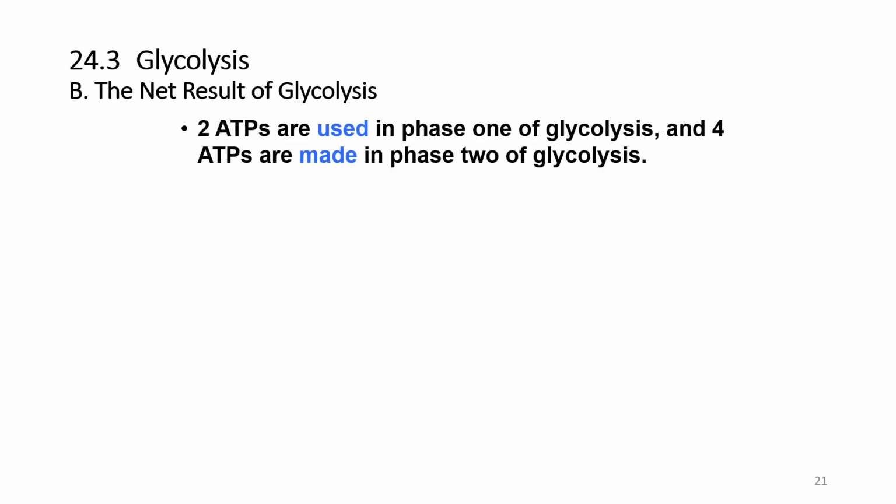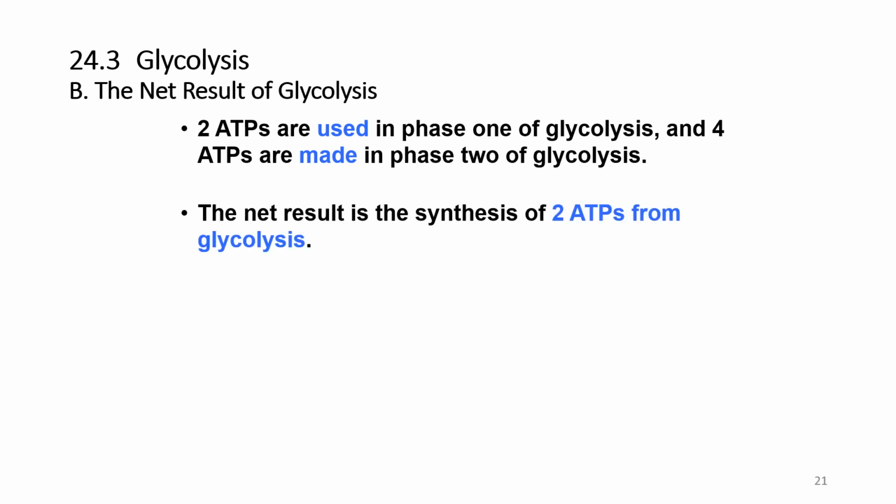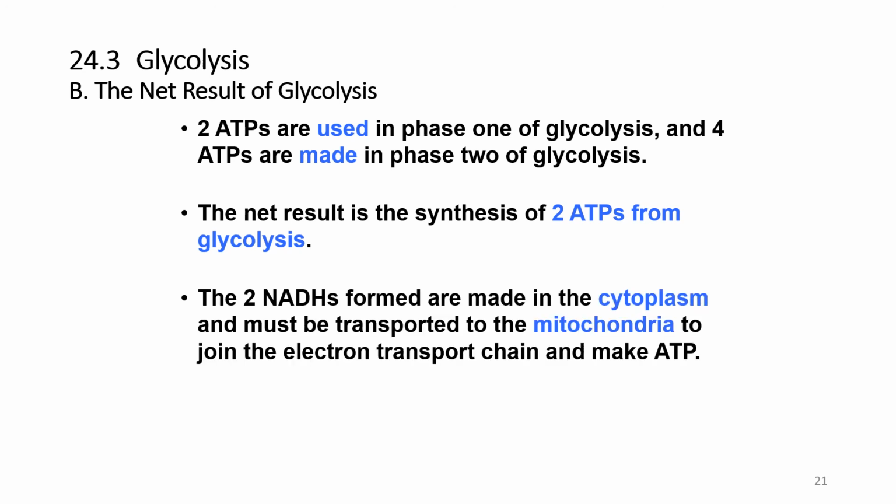The net result, of course, is we use 2 ATPs in phase 1, we produced 4 in phase 2, so the net gain of ATP from glycolysis is 2, and 2 NADHs. These NADHs are going to be transported to the mitochondria and will enter the electron transport chain and make more ATP.